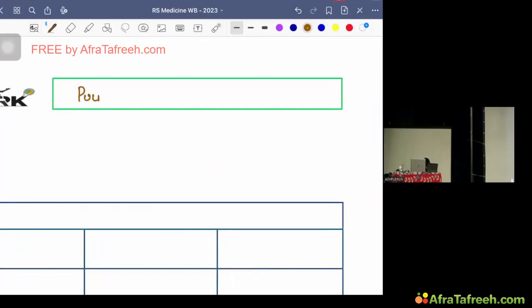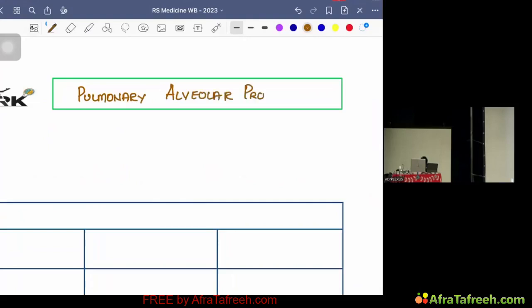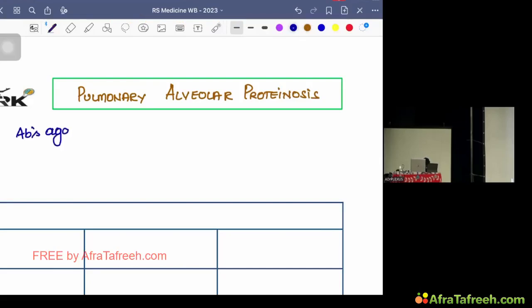pulmonary alveolar proteinosis. In pulmonary alveolar proteinosis, the patient is going to have antibodies against GM-CSF.